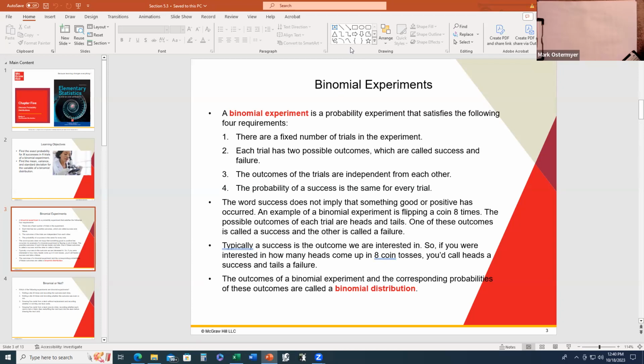Number three requirement, the outcomes of the trials are independent from each other. So when I flip a coin, there's two possible outcomes. I could either flip a head or a tail. And do you agree, if I flip this coin 20 times, that flip number 15 does not know or care what flips 1 through 14 yielded? Do you agree? Yep.